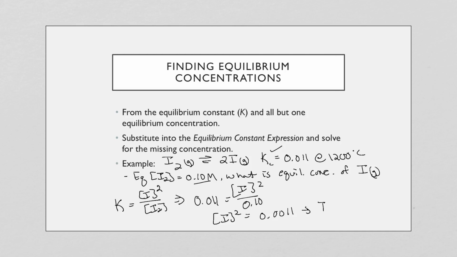And if we take the square root of both sides, we get the concentration of I equals the square root of 0.0011, which equals 0.033. So this is the simplest type of problem.